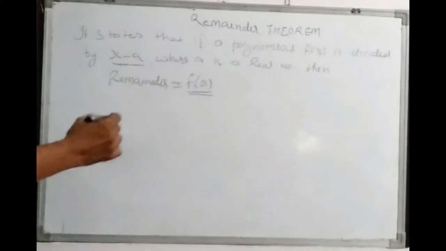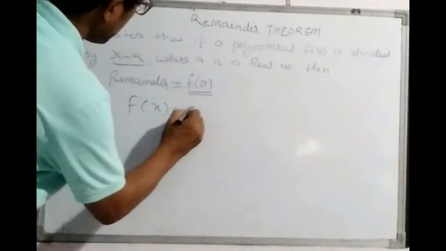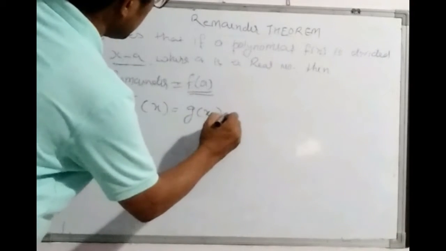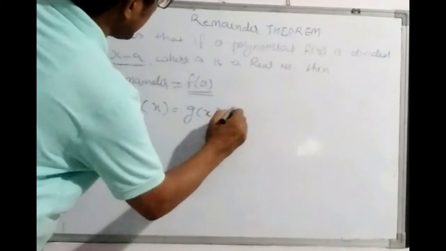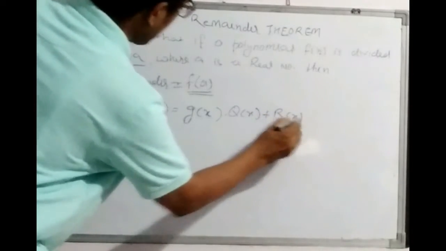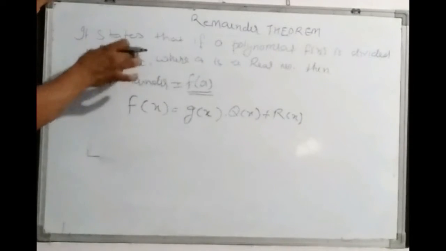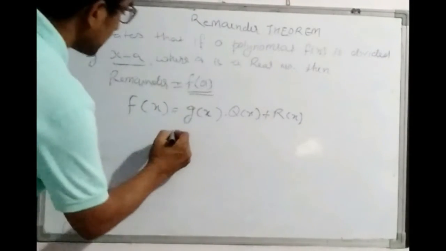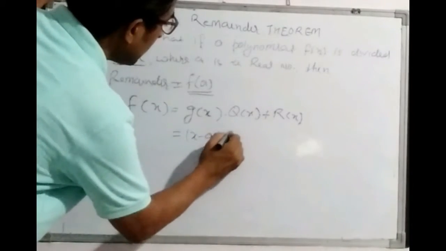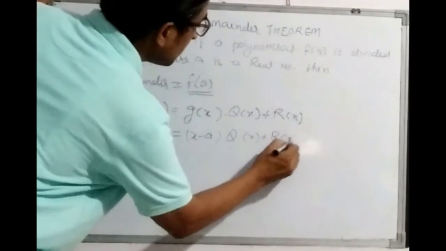So as we know, f(x) is equal to g(x) multiplied by q(x) plus r(x). So here we know g(x) is x minus a. It's stated in the theorem. So let's replace g(x) by x minus a, plus r(x).